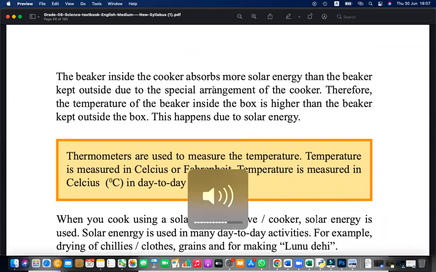Do you have any idea what Fahrenheit is and what Celsius is? How can you measure? What is the relationship?